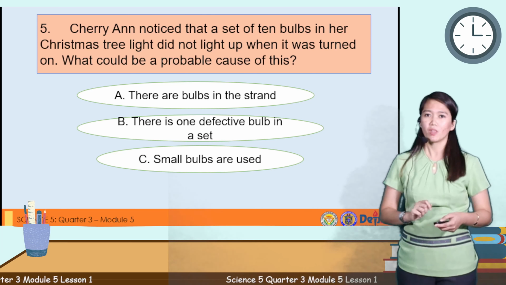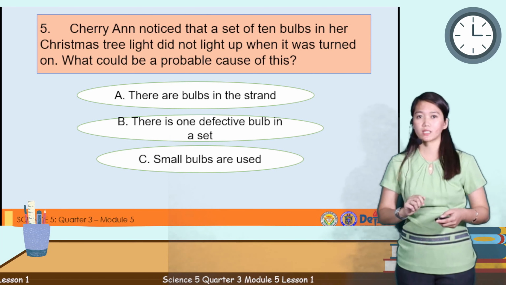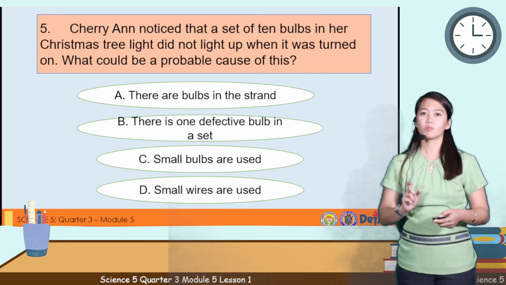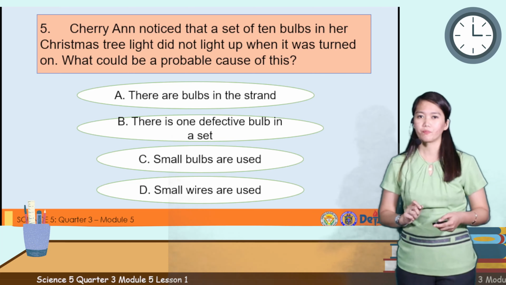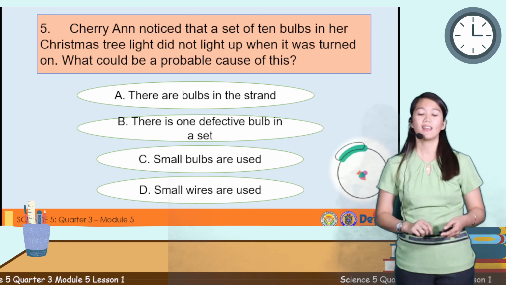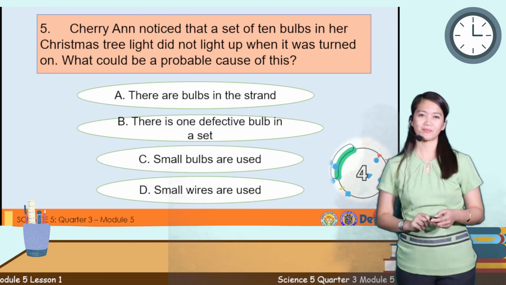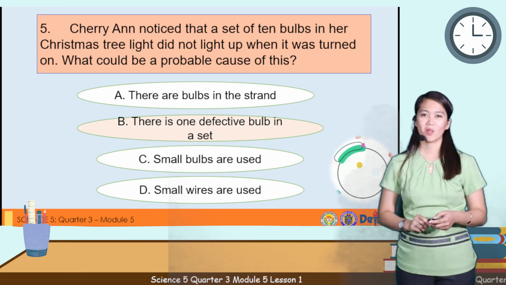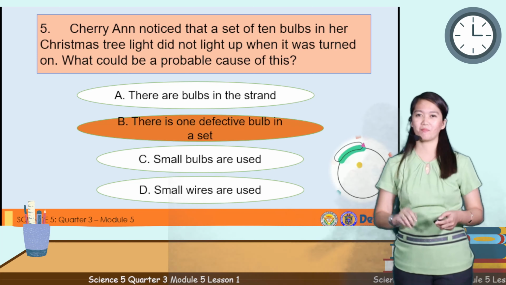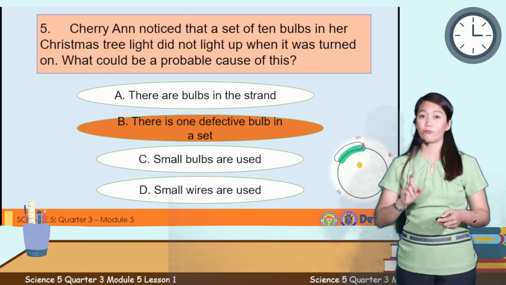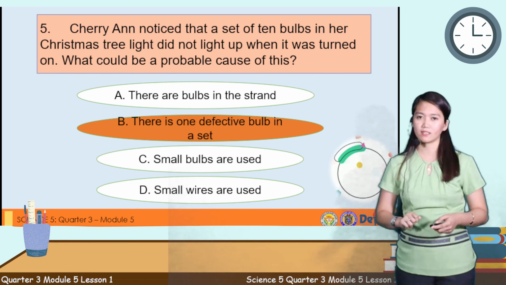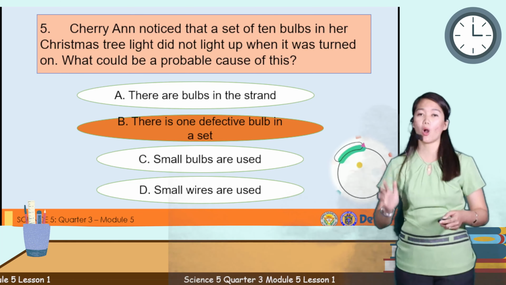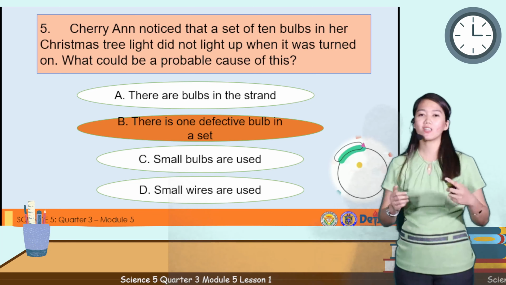Letter C. Small bulbs are used. Or is it letter D? Small wires are used. Your time starts now. Okay, the correct answer is B. There is one defective bulb in a set. Okay, so if you got all the correct answers, then you are very good.